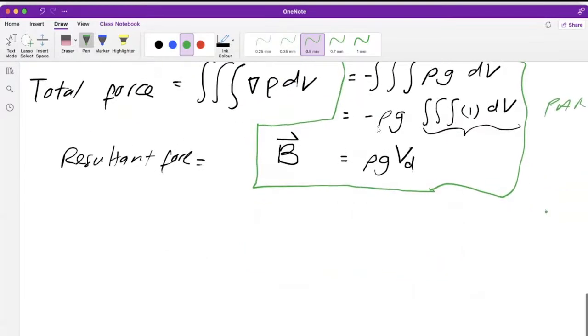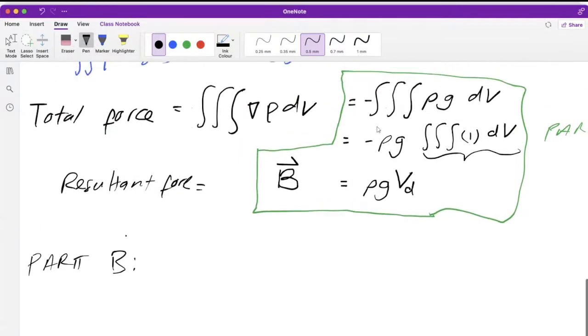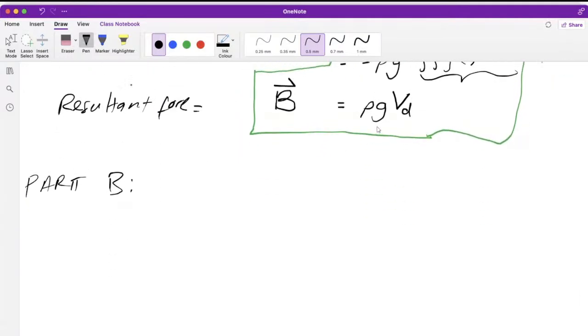Okay, so now we go to part 2, part B. The reason why I'm doing this is that now it's a question of, if I rewrite this, it so happens that the B is also the buoyancy. I use the same letter here, but this is B for the buoyancy.